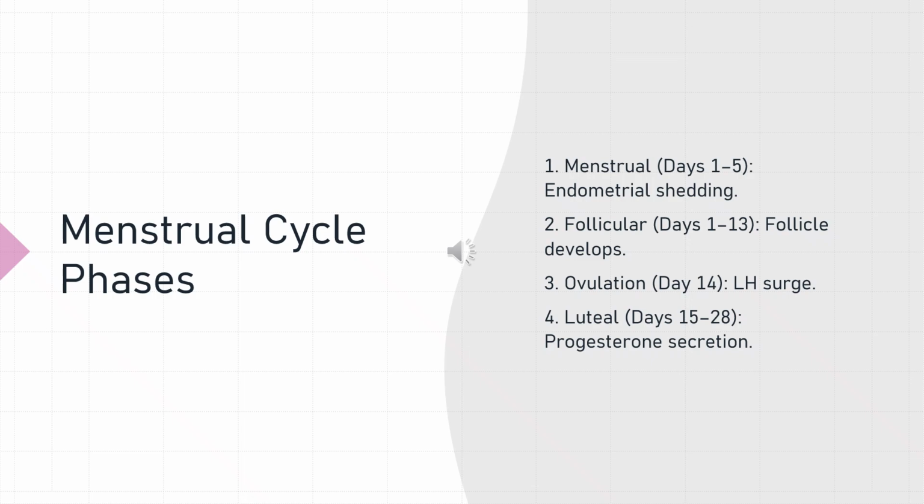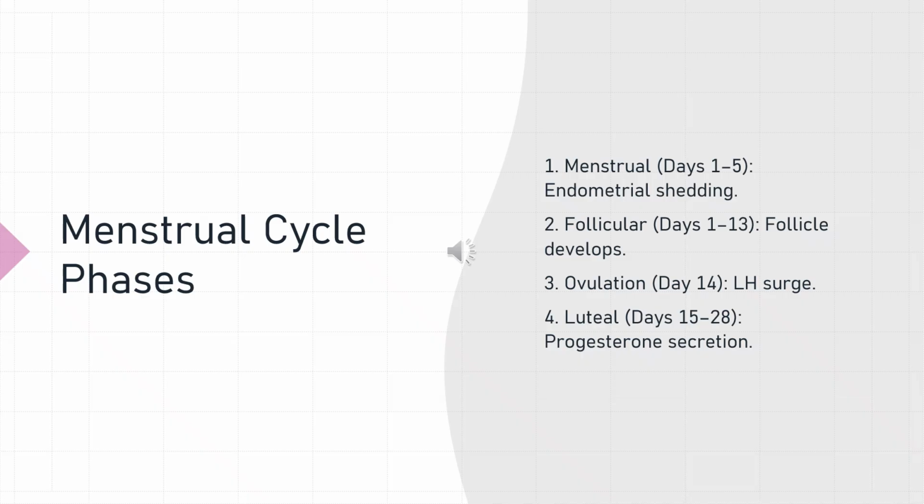During this, estrogen rises to help stimulate that follicle growth. Estrogen helps to rebuild the endometrial lining, and so high estrogen in this phase triggers the next stage, which is ovulation.